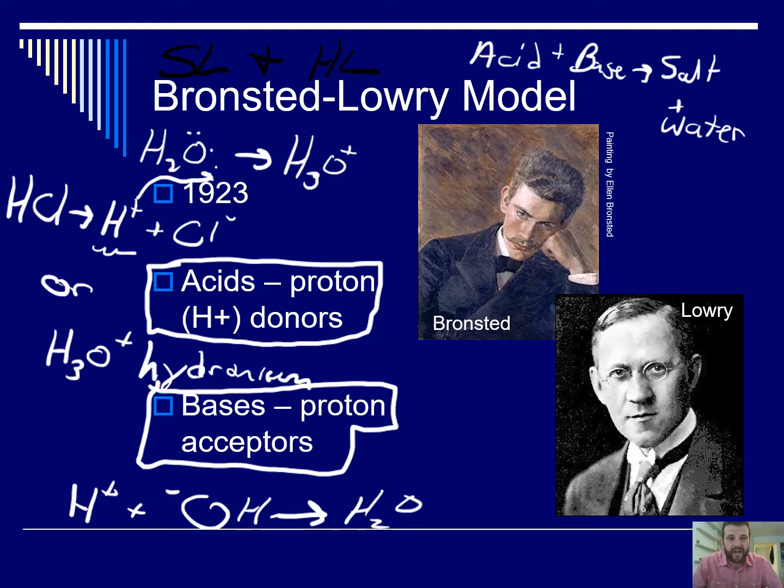The idea is that acids are proton donors, meaning when they get into a solution, they add in this H+. You'll see this as H+ or H3O+, so just water with an extra hydrogen. These are synonymous.